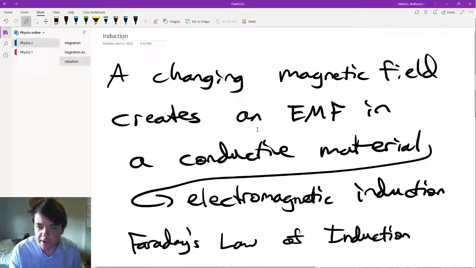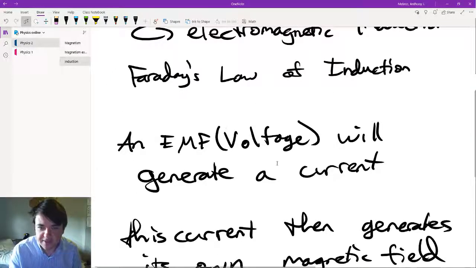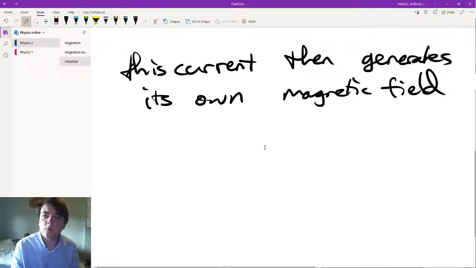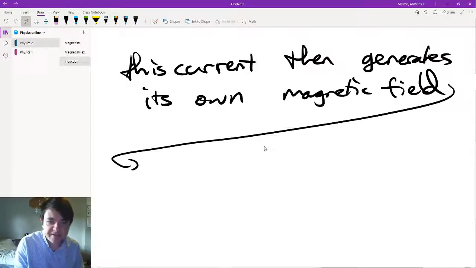So you've got a changing magnetic field that creates a voltage. That voltage generates a current. That current then generates its own magnetic field. And you must be wondering, what does this new magnetic field do?